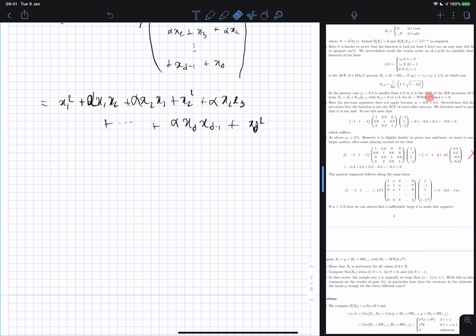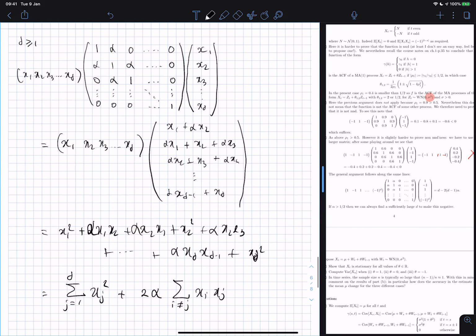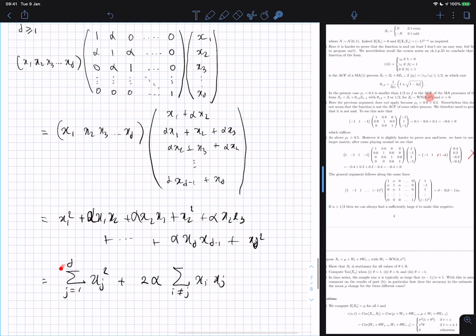And I think, if I'm not mistaken, this looks in general like the sum of the xj squared plus 2 times alpha times the sum of xi xj, with i different from j. So unless I made a mistake, which is intensely possible, I worked out all these expressions for all sizes of the matrix. That's okay?